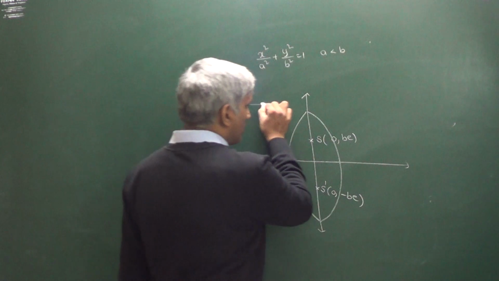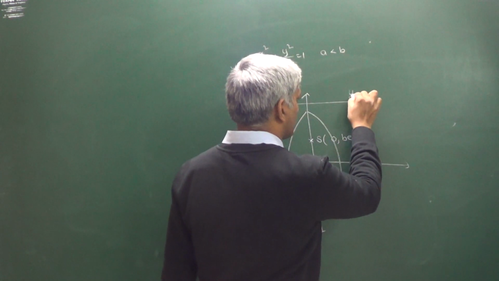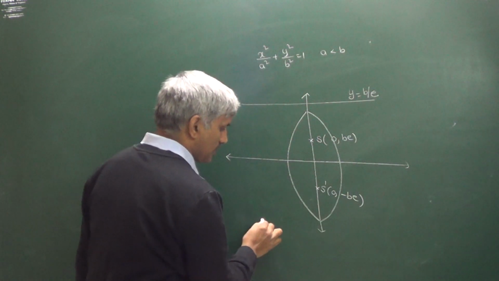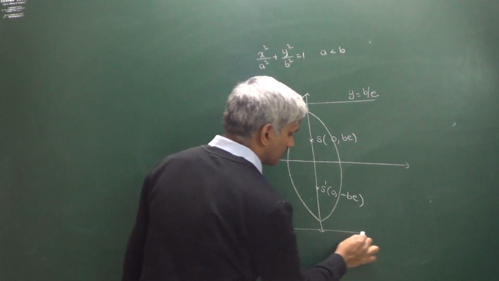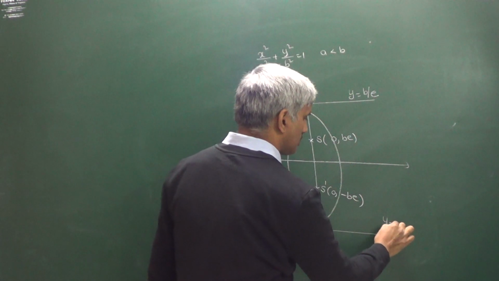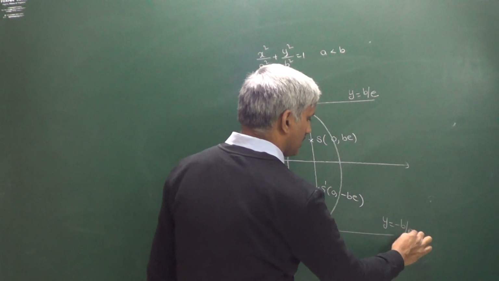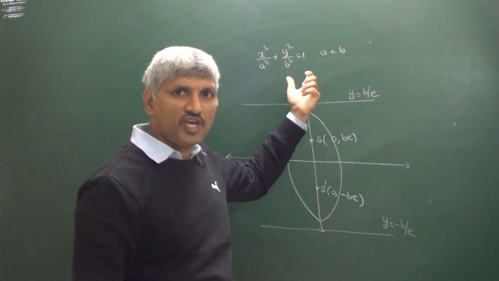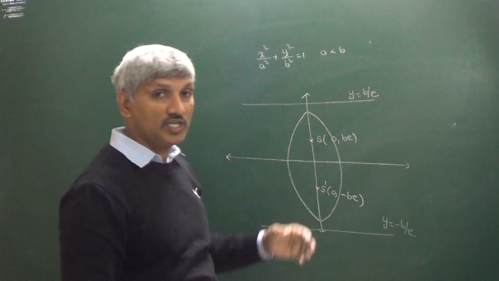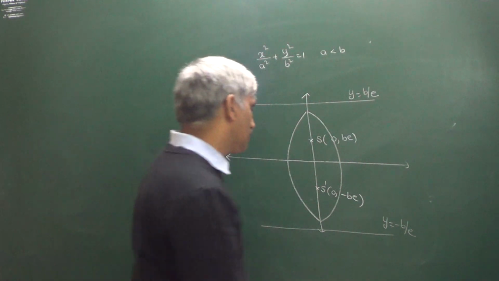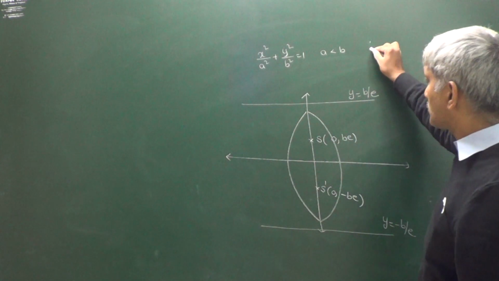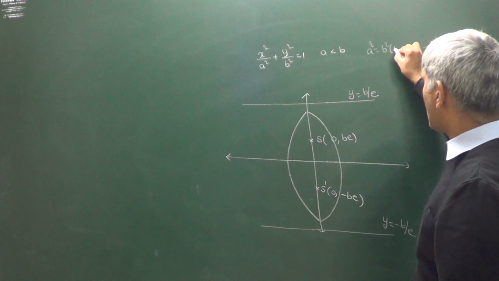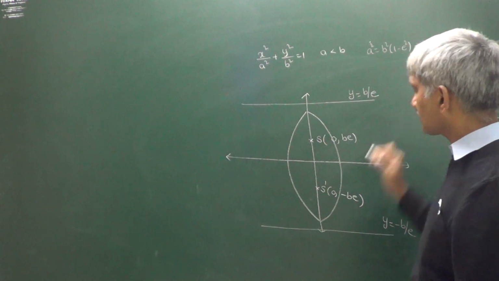Yes, here we have one directrix. The equation of this directrix is y is equal to b by e, whereas the equation of the other directrix is y is equal to minus b by e. Earlier we got x is equal to a by e. But here the condition also changes: a square is equal to b square into 1 minus e square.